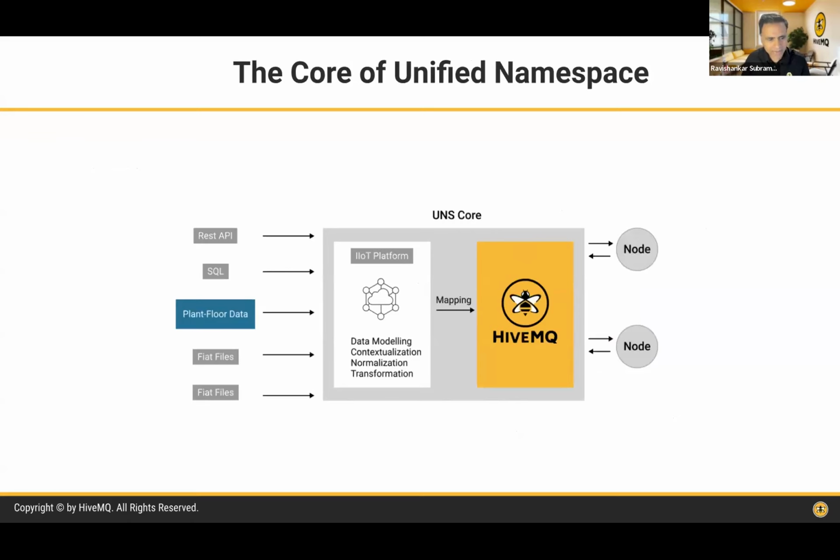So again, at the core, you have the broker itself, the broker that is actually getting the data. You have some kind of platform that is doing the data modeling, the contextualization, normalization. It can bring in different kinds of information, like we talked about the plant floor data. You could have flat files, you could have database files, you could have other information coming through RESTful APIs.